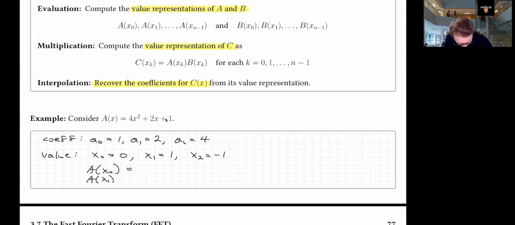That gives me 1. x1 is equal to 1. So I plug in 1. I get 4 plus 2 plus 1. That one is 7. And then A at x2 is minus 1 squared. That's going to give me 1. So that's 4. Minus 2. That's 2 plus 1. So that's 3.